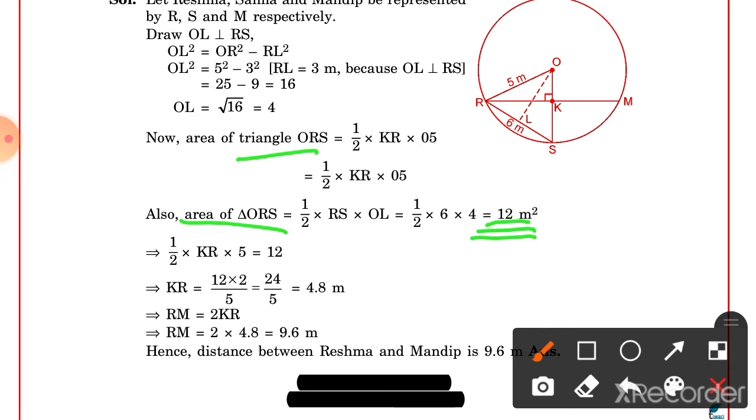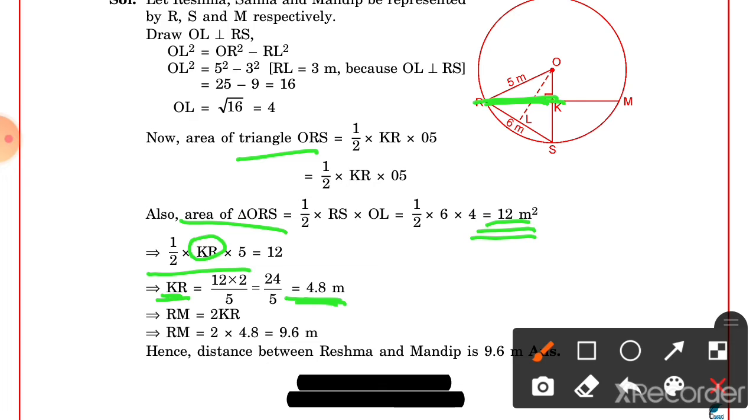So now put all the values. So what will we get? 1/2 times KR multiplied by 5 is equal to 12. Now we need to find the value of KR. So create an equation with respect to KR, so that 2 multiplied by 12 divided by 5. It means KR is equal to 4.8. So this is KR. This measurement is 4.8.